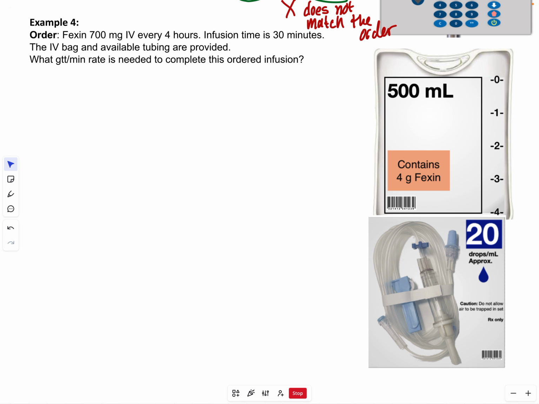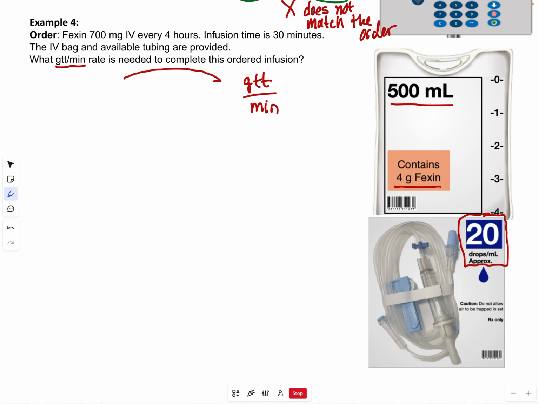Our bag has 500 mLs in it, and it contains 4 grams of the drug. We're using tubing that has a drop factor of 20 drops per milliliter. I need to know what drop per minute rate is needed to complete this infusion. So at the end of my calculation, I need drops per minute.